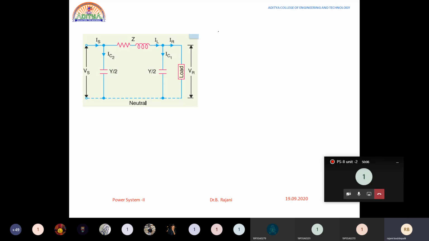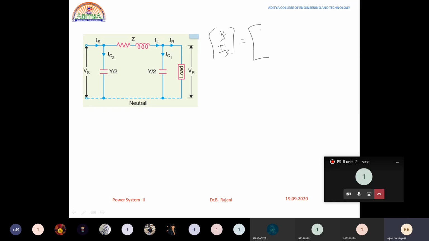Now how can we put this in equation form? These are the ABCD parameters, so we put it as VS and IS in matrix form, equal to: what is A we have got?